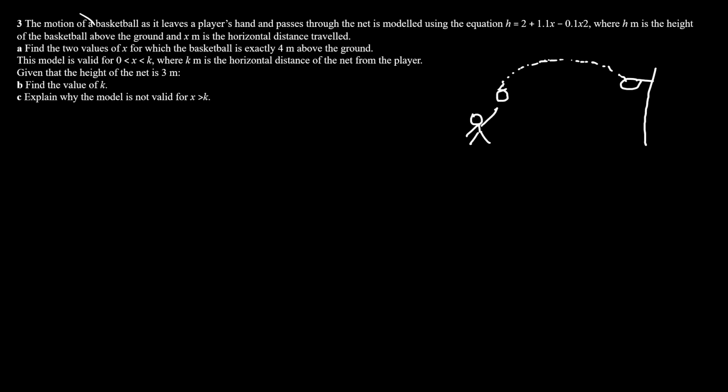So for part A, we have to find the two values of x where the basketball is exactly 4 meters above the ground. To find the two values of x, we simply put h is equal to 4 in this equation.